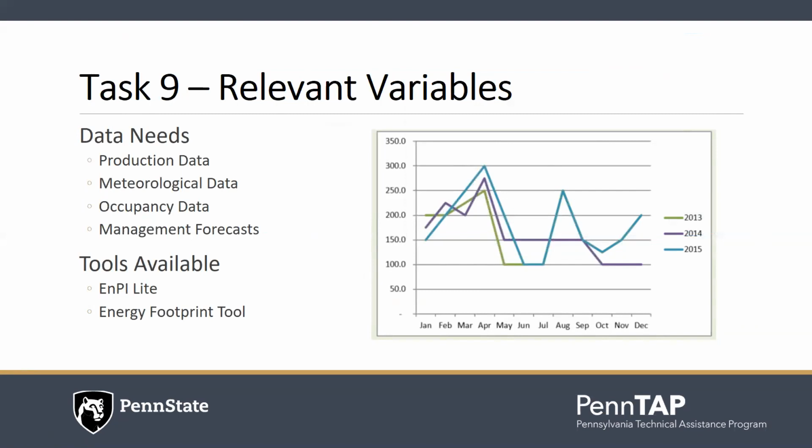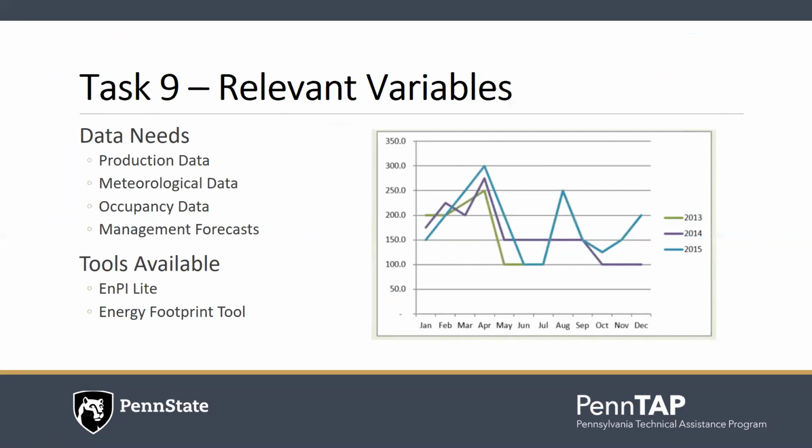Next, you'll want to look at occupancy data. Some facilities are really driven more by when are people working versus the production. If the production is very steady, you might link up more to how many hours are people working at the site. And then finally, you'll want those management forecasts again. They'll be able to forecast production and occupancy data.